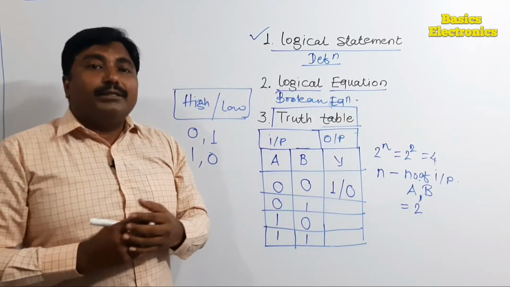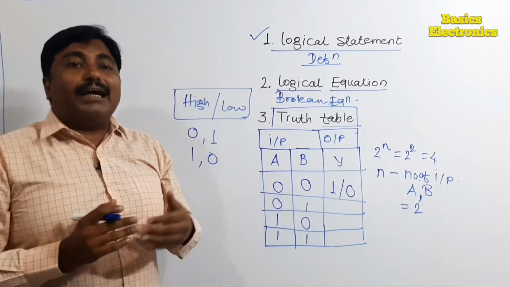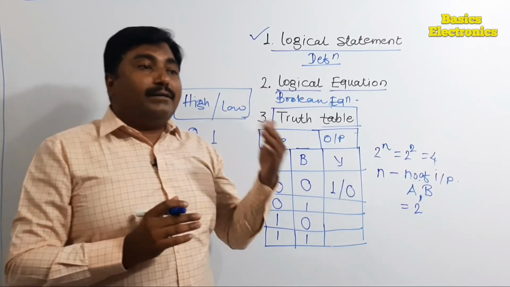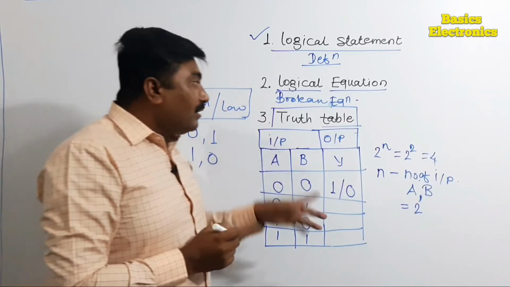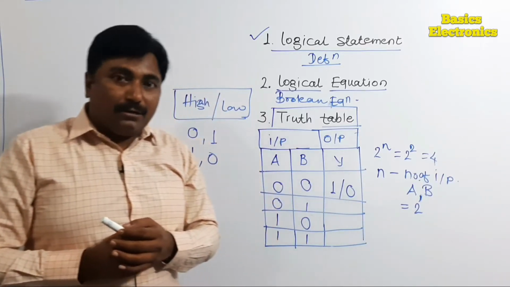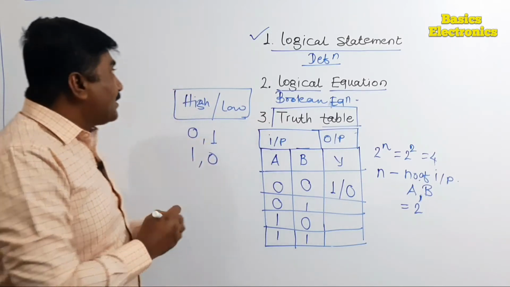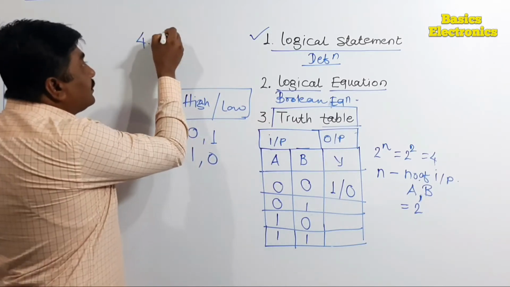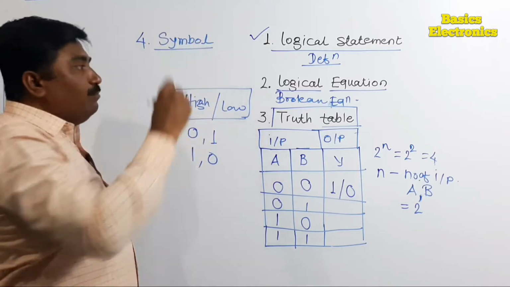It gives the mathematical equation, and gives the idea about the output of that particular gate. And third one is the truth table. And now one more is there, that is the symbol.